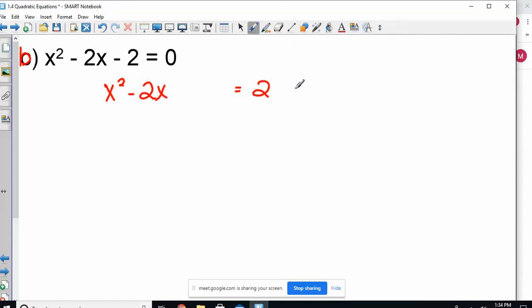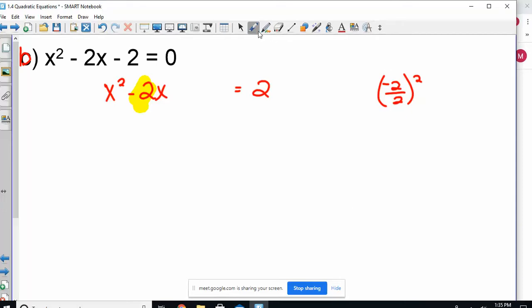Now, to make our perfect square, what do we have to do? Two things. Take my middle term, which is that -2, and every time you will divide that by 2 and then square.